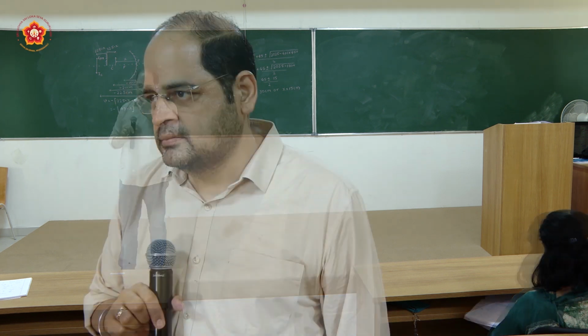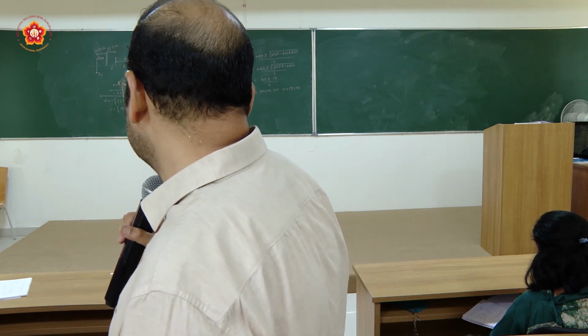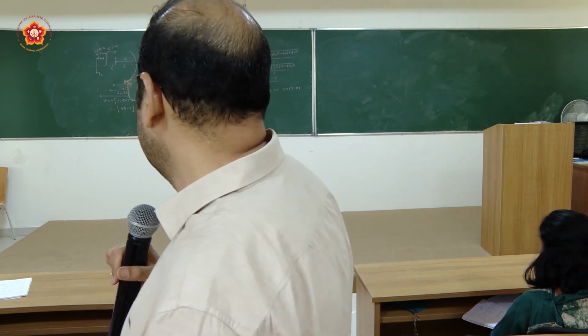Okay. So how much would have been the answer? If you are considering that the image is at 45 minus x, no? X is not known, we have to calculate x.